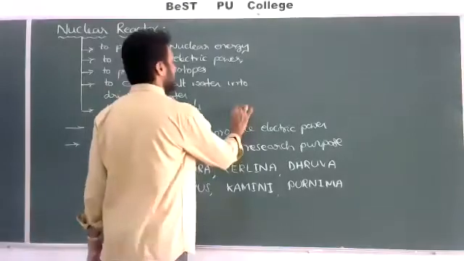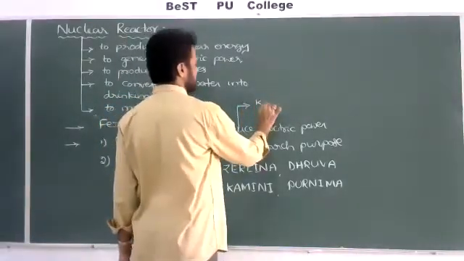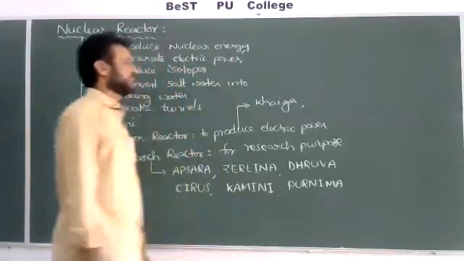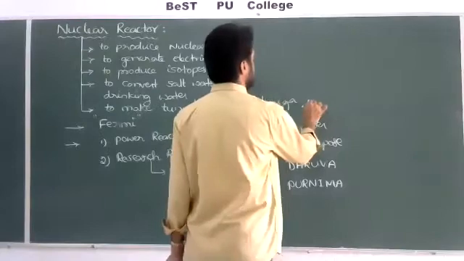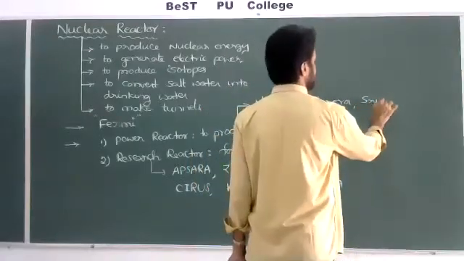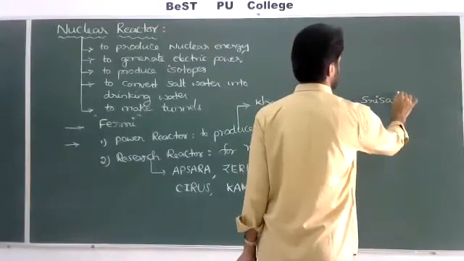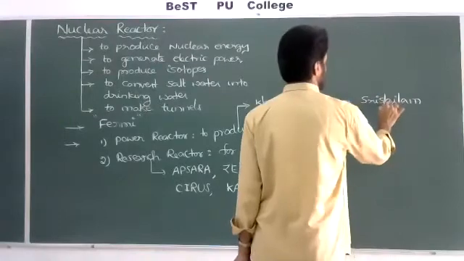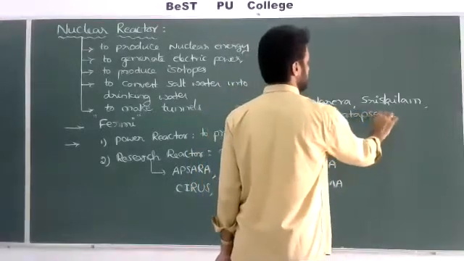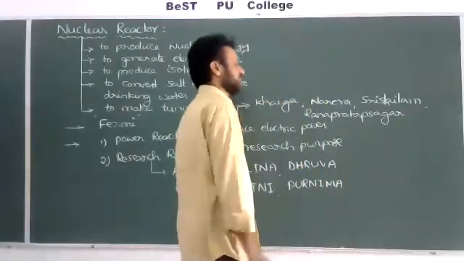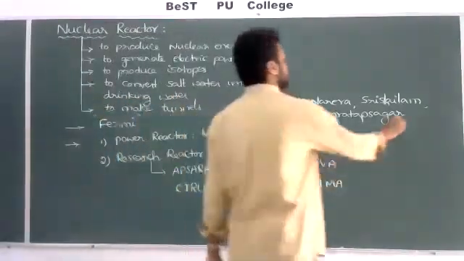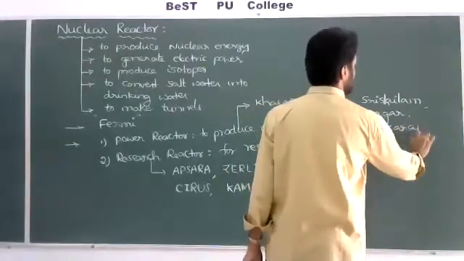Here also you can take examples: in Karnataka, Kaiga; in Uttar Pradesh, Narora; in Andhra Pradesh, Srisailam; in Rajasthan, Rana Pratap Sagar; in Tamil Nadu, Kalpakam; and in Uttar Pradesh, Kakrapar.